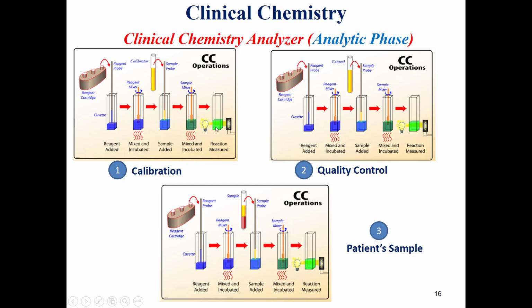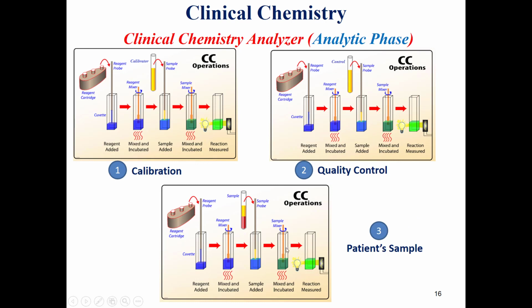And finally, we'll measure the absorption of the light, which will be made by the final product as a result of the reaction between the reagent and the calibrator. Similarly for the quality control, which will be used to verify that the calibration was done successfully.